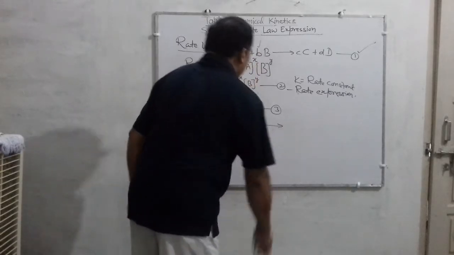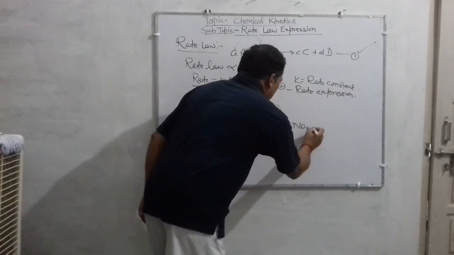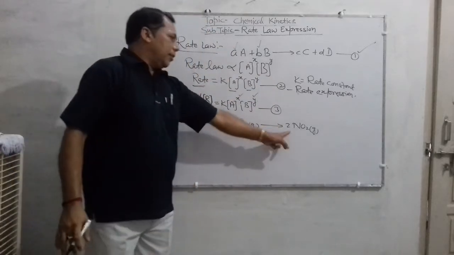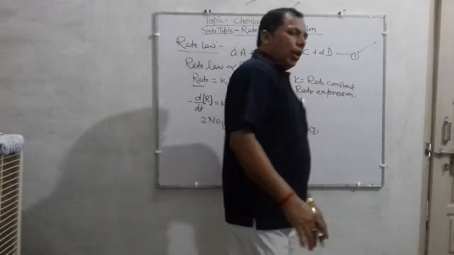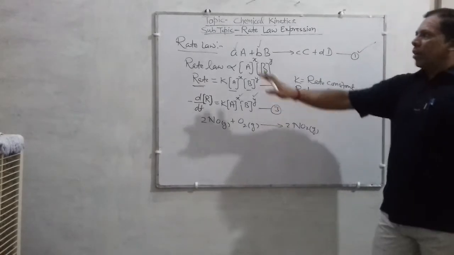Oxygen gas combined together, reacting to form NO2 gas, nitrogen peroxide or nitrogen dioxide. For this very reaction, suppose we have to determine the rate of reaction or rate law.